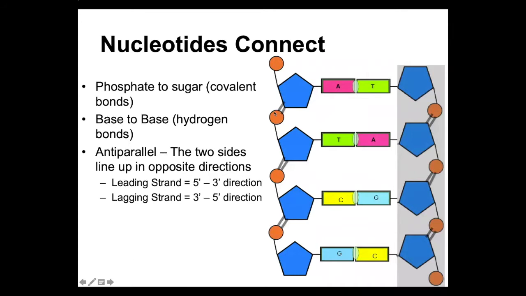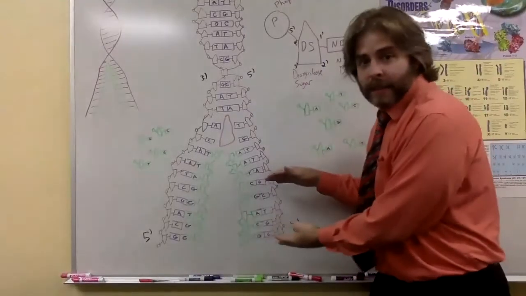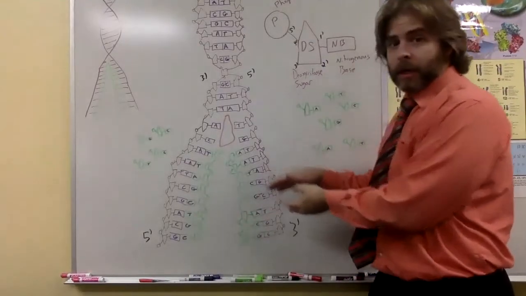So this side is in the 5', that's actually a whole lot of numbers. Let me get rid of some of them. This side is in the 5' to 3' direction, and this side is 3' to 5'. We call 5' to 3' the leading strand, and the 3' to 5' the lagging strand. Why do we call that lagging? Because if you remember, this side had to keep doing it in chunks.